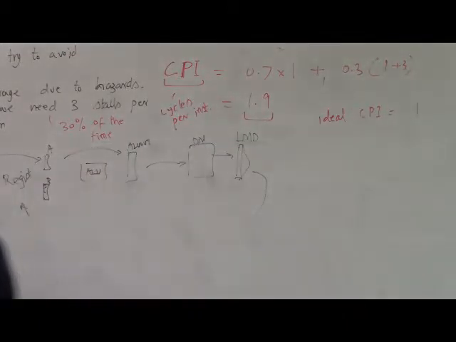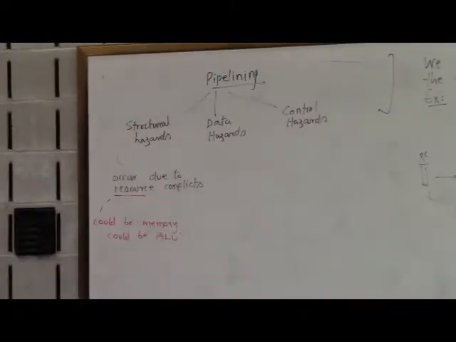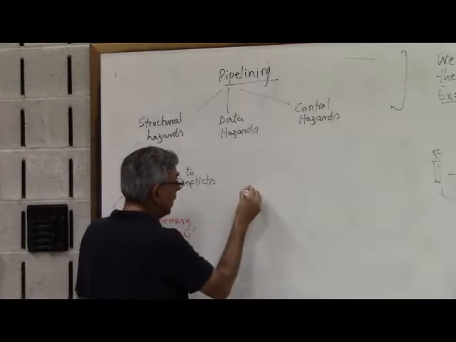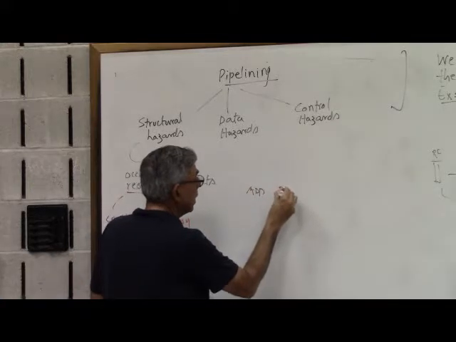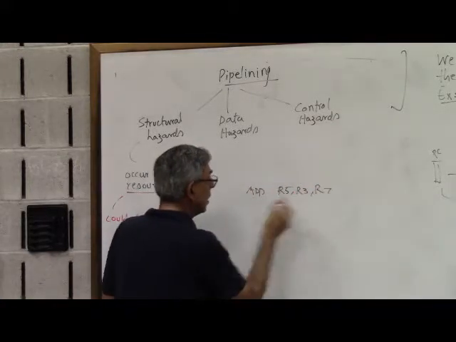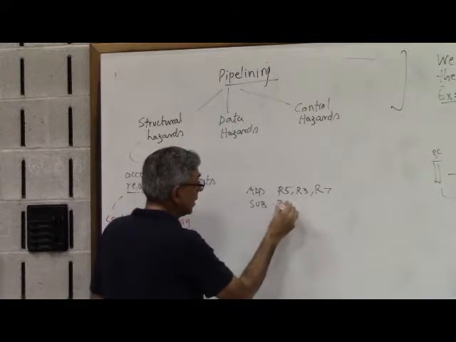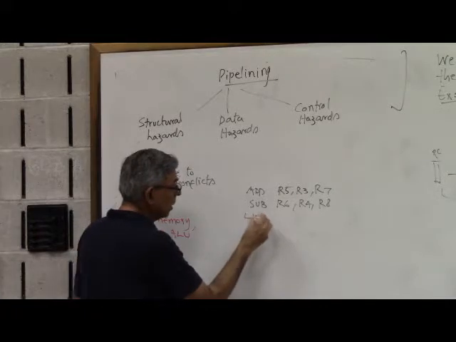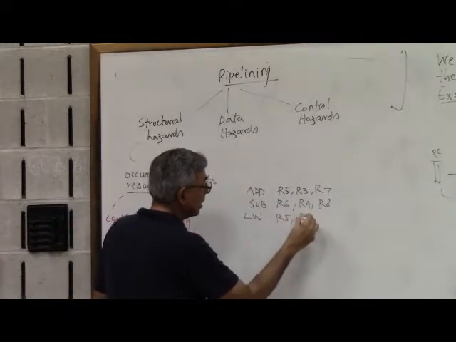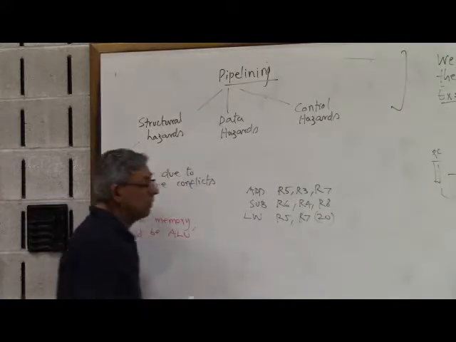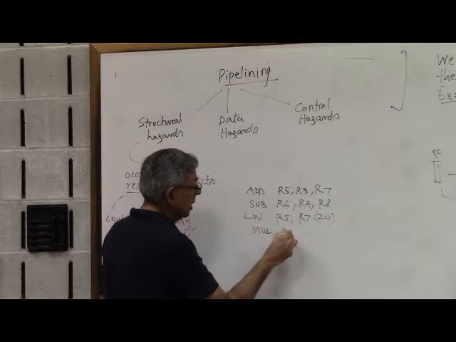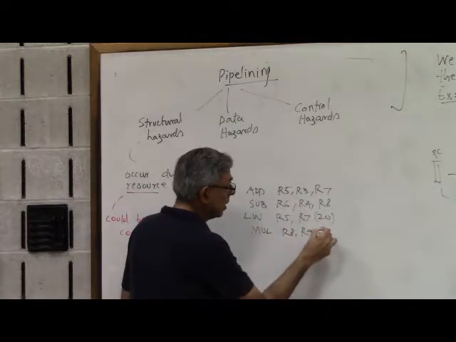So anyway, let's come back to the categories of hazards. Structural hazards occur due to resource conflicts. For example, we have add R5, R3, R7; subtract R6, R4, R8; load word R5, 20(R7); and multiply R8, R9, R13.